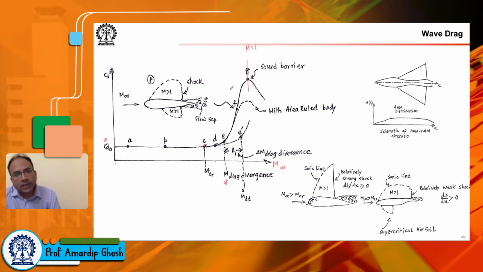Your CD increases suddenly following this drag divergence Mach number, and then it reaches a peak at the point G here, and then the flow becomes supersonic, or rather your M infinity is supersonic. The vehicle is flying at supersonic speeds on this side of the M equals 1 line, and we see that the drag actually falls off.